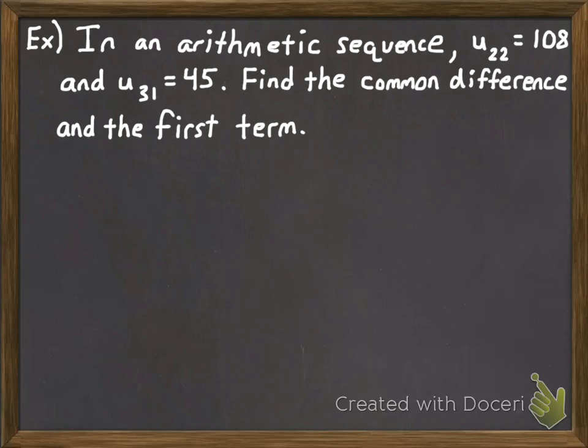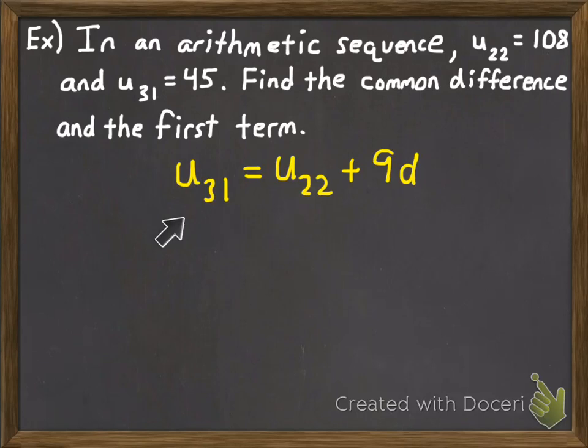So let me write this equation here, that the 31st term, use of 31, is equal to the 22nd term, use of 22, plus 9 common differences. What will I do with that? Well, I know the values of each of these two terms, and so I will substitute those values into this general formula that I made, and that's going to make this 45 is equal to 108 plus 9d.